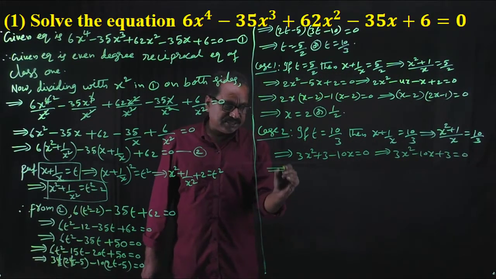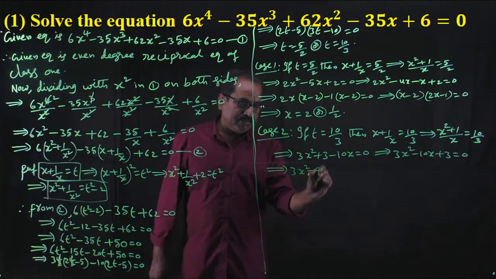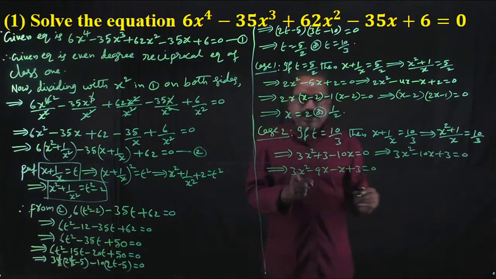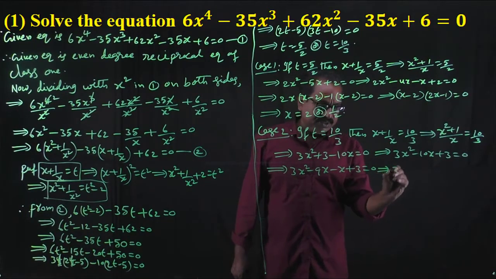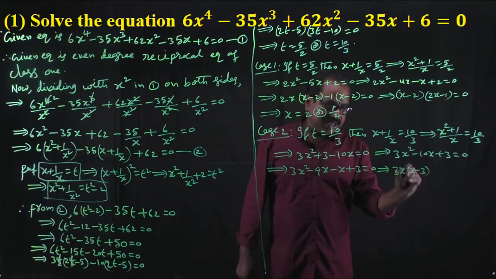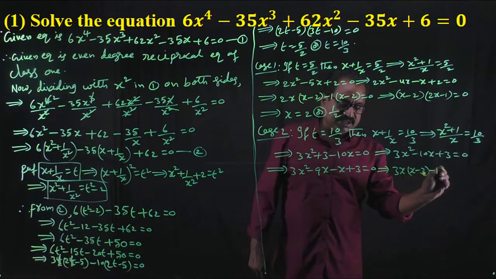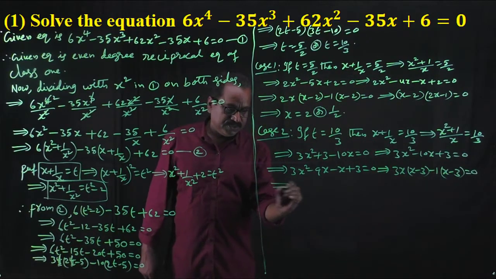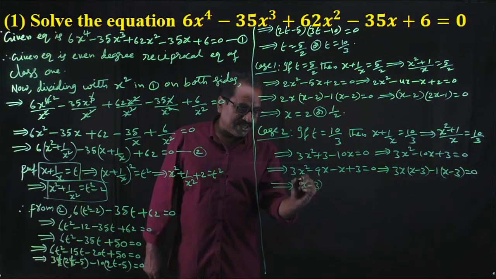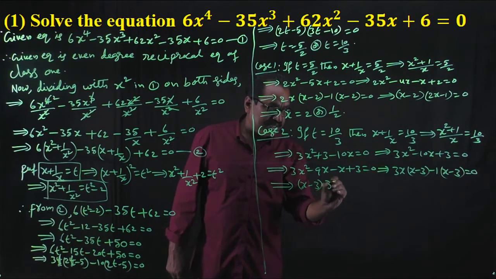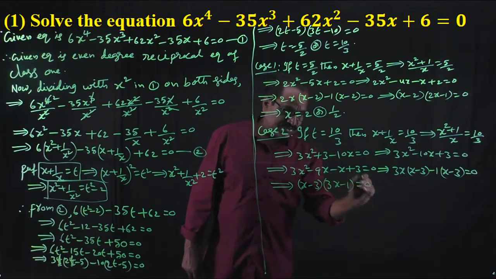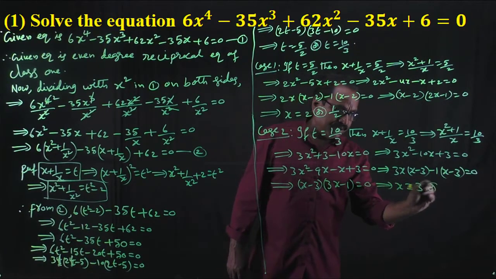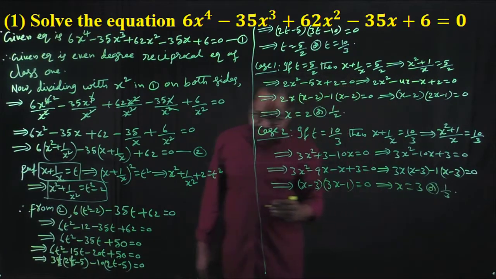Now factors, 3x^2 - 9x - x + 3 = 0. Here 3x is the common factor, 3x(x - 3), and -1(x - 3) = 0. So (x - 3)(3x - 1) = 0. This implies x = 3 or 1/3.